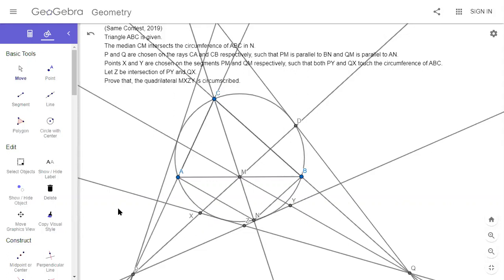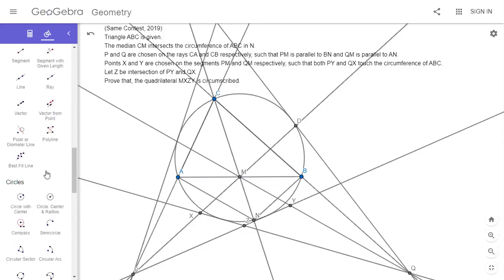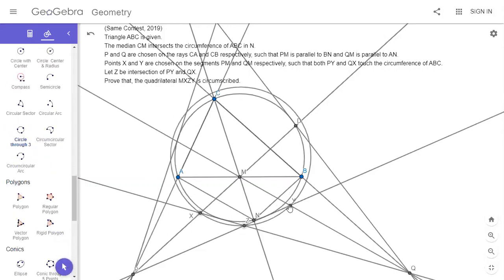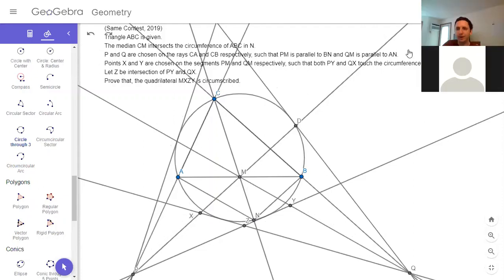Huh. You guys see anything I did wrong? It could be a typo in the problem. Let's see. Maybe it was, yeah, I don't know. Do you guys know where I went wrong here? I don't see it.